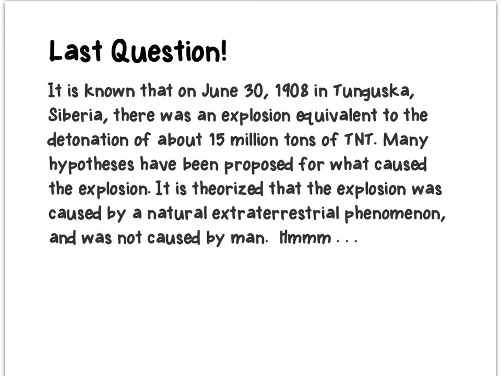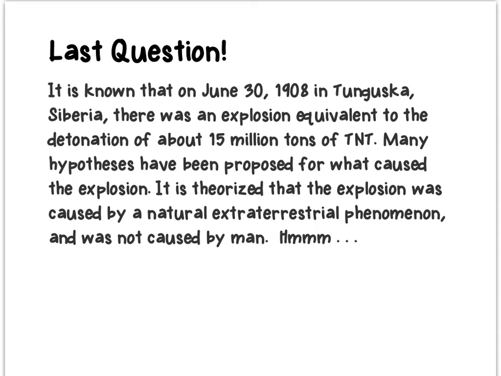Last question. It is known that on June 30th, 1908, in Tunguska, Siberia, there was an explosion equivalent to the detonation of about 15 million tons of TNT. Wow. Many hypotheses have been proposed for what caused the explosion. It is theorized that the explosion was caused by a natural extraterrestrial phenomenon and was not caused by man. Theorized, but not proven.